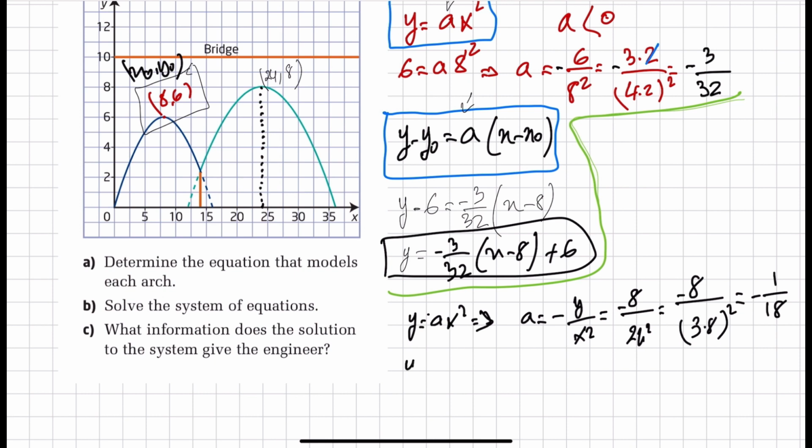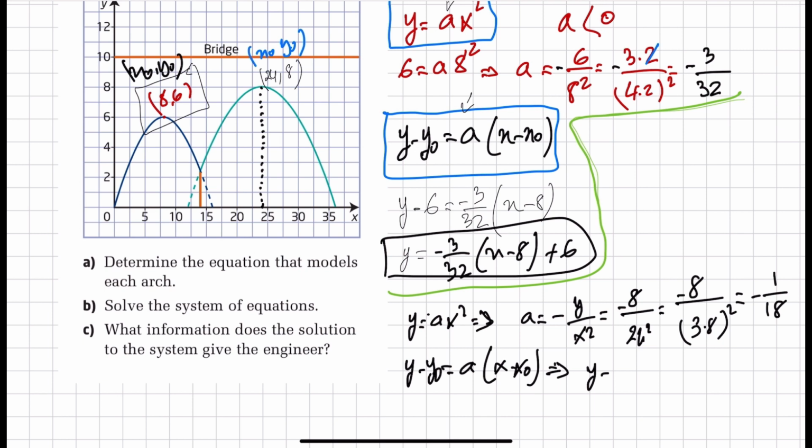My y minus y0 is a times (x minus x0) squared, and now we are talking about the second x0, y0, for the other parabola.